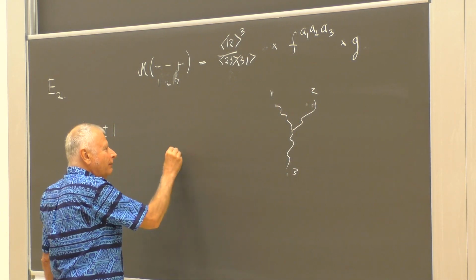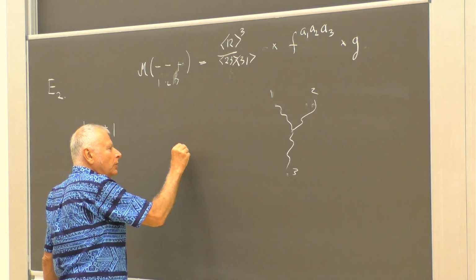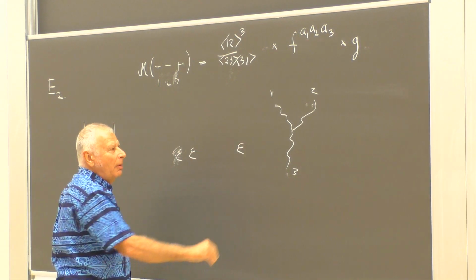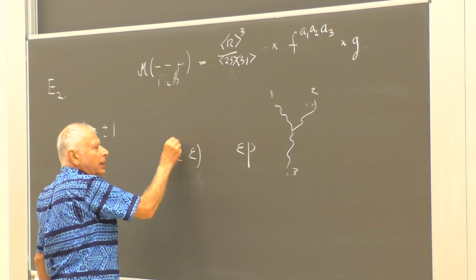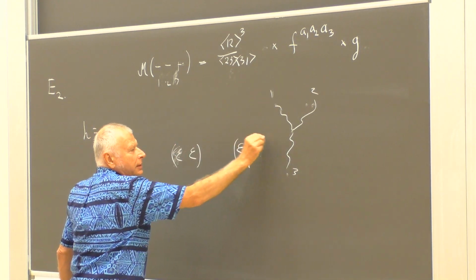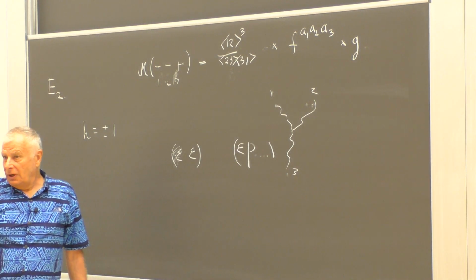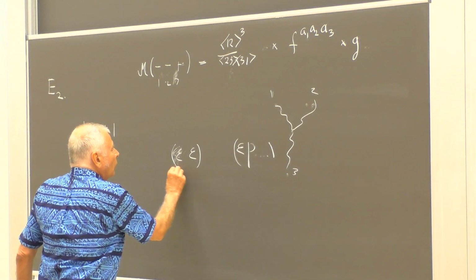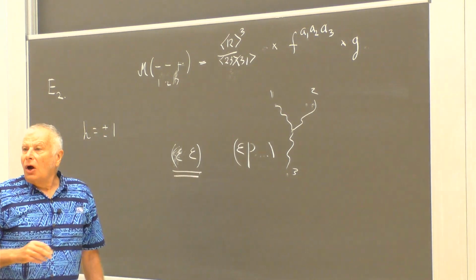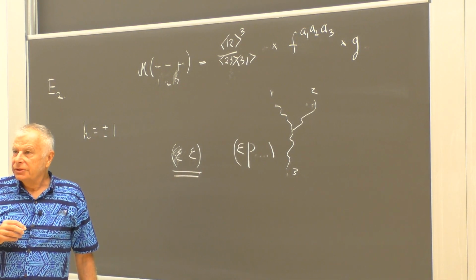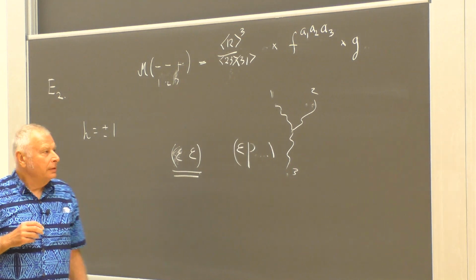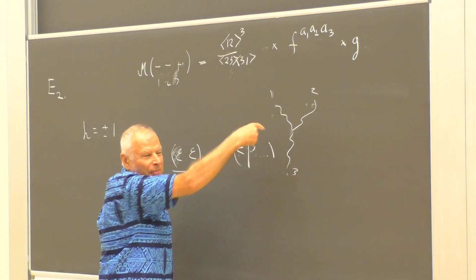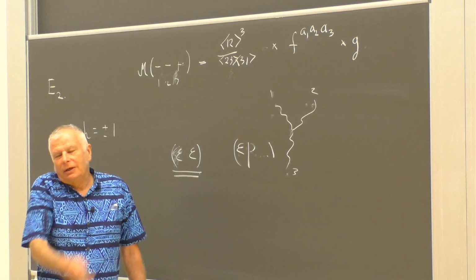So essentially, you have a structure with three polarization vectors and one momentum. So the only thing that you can get is this type of object. They always involve one scalar product of the polarization vectors, and then one of them contracted with some combination of momenta.